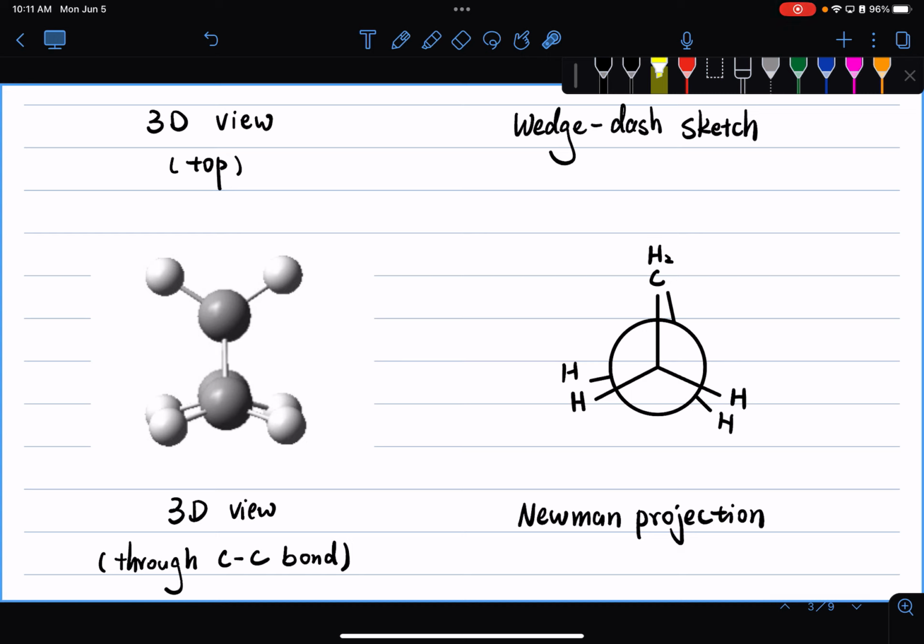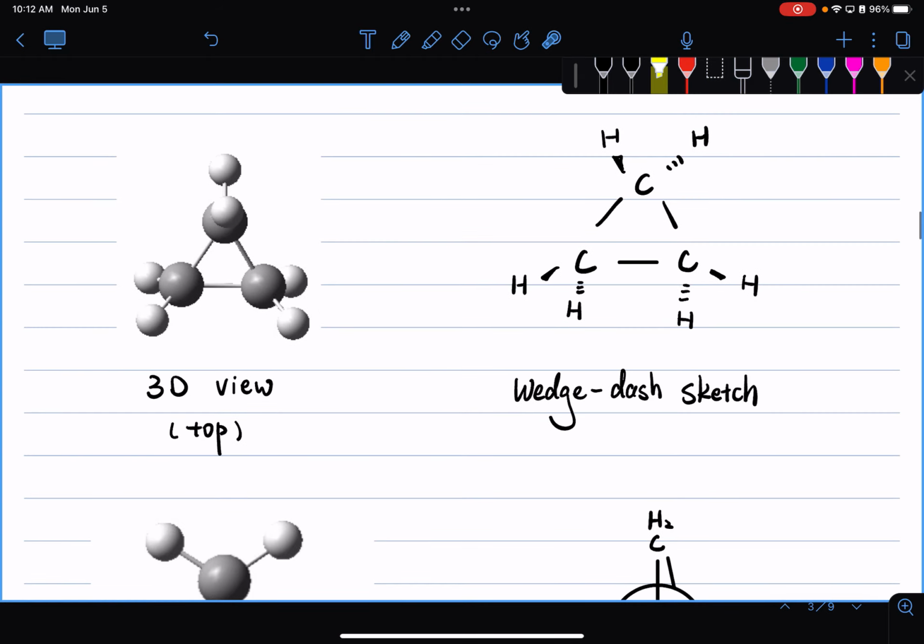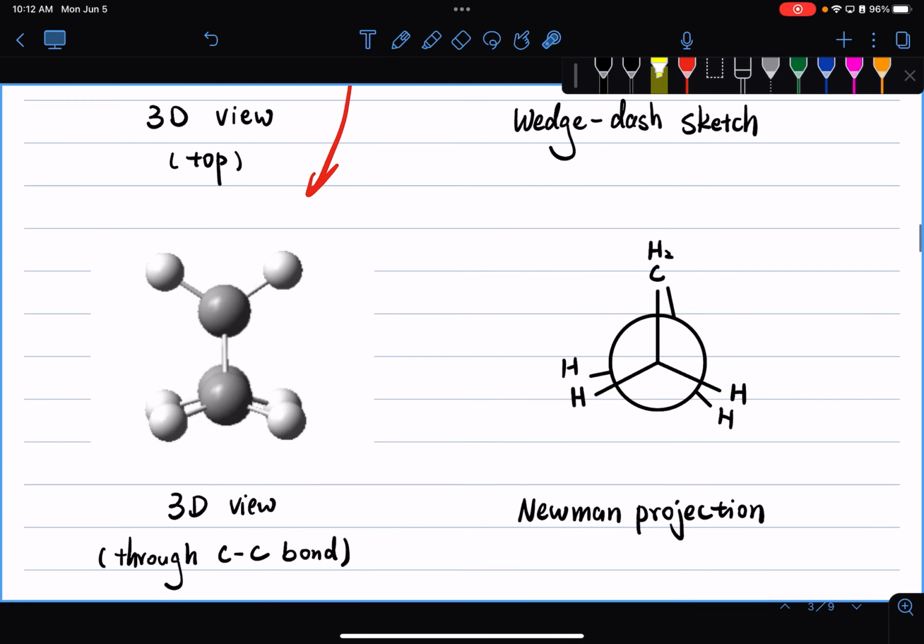If we look at it from the Newman projection point of view, what we're doing is looking through one of the C-C bonds here, and we end up getting this side view.